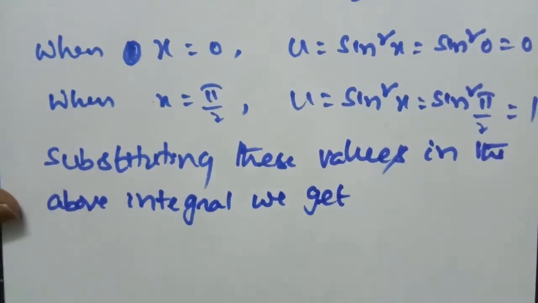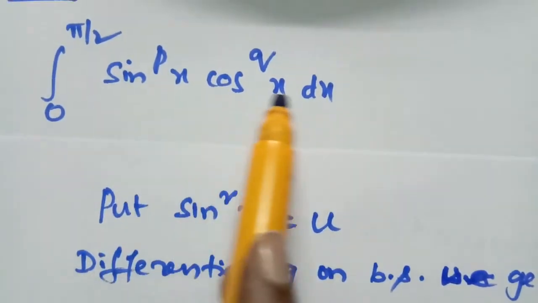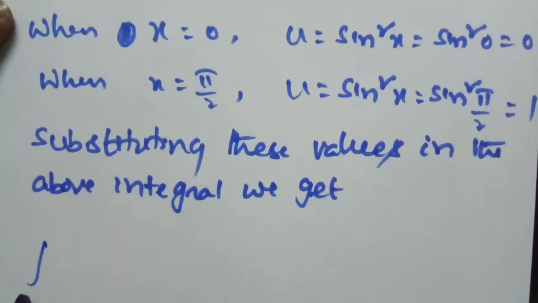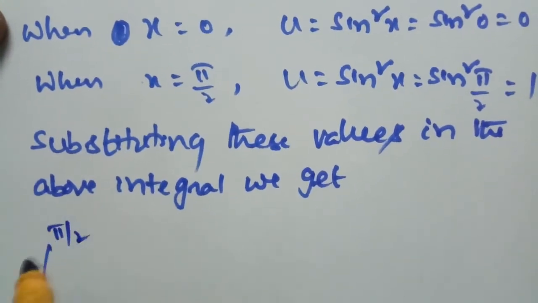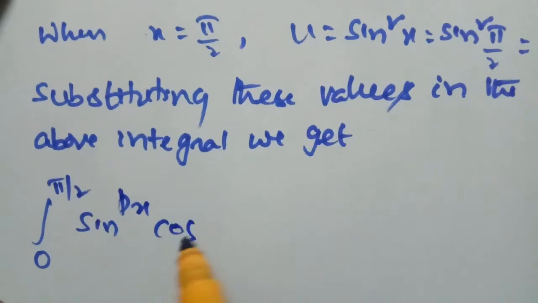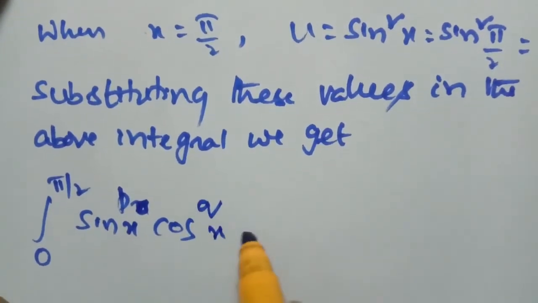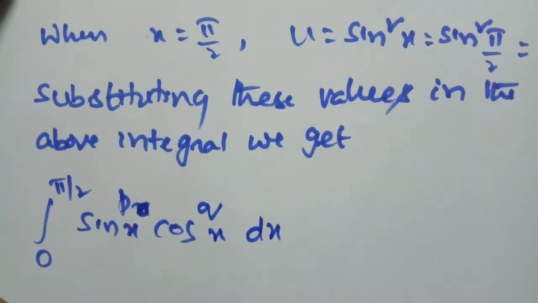we get the left hand side of the above integral, integral 0 to pi by 2 of sin to the power of p x into cos to the power of q x dx.